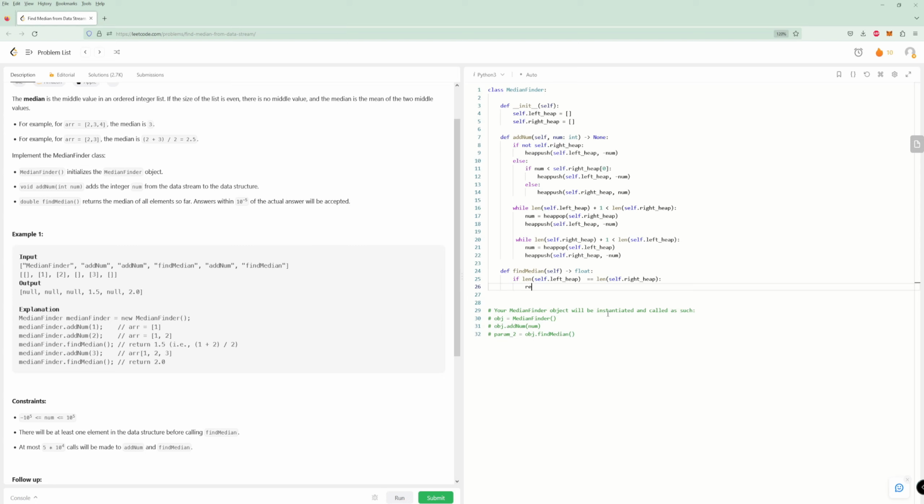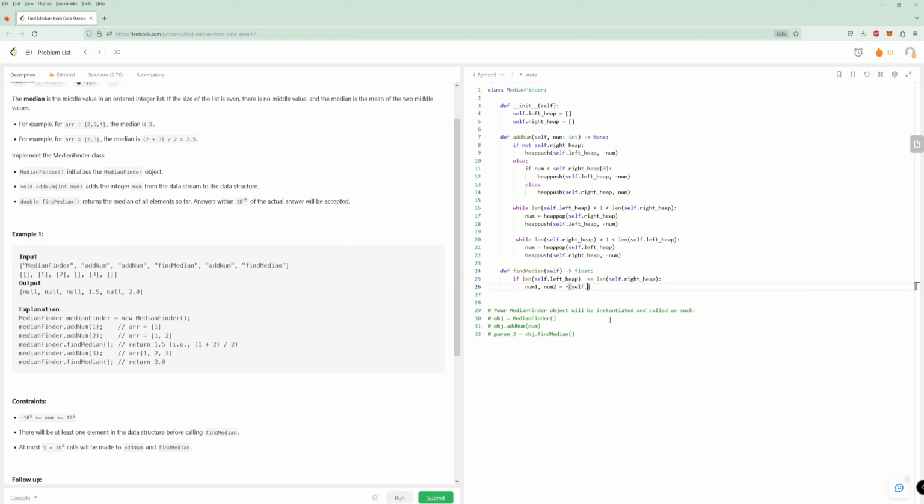So let's just do num1 and num2 equals heap pop self.left heap, right? And it's going to be negative, so we need to make it positive. Okay, and then the other number is going to be heap pop self.right heap. Actually, sorry, this is a mistake. We don't need to do a heap pop, right? We're not popping, we are just getting the value.